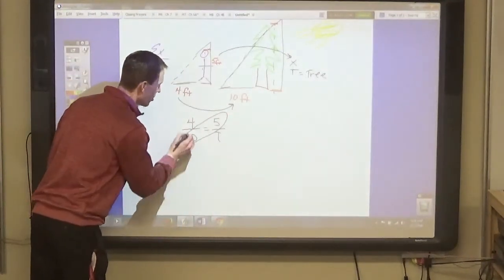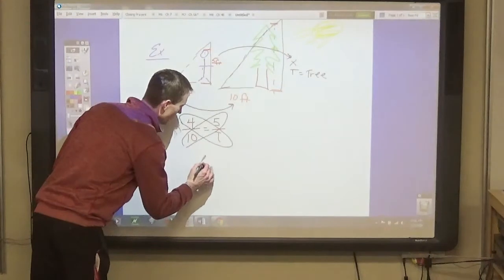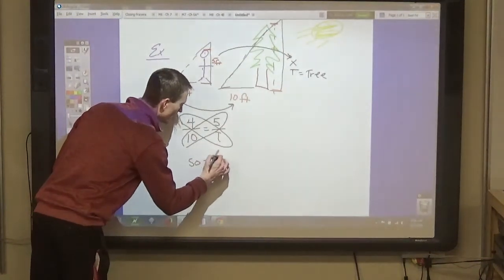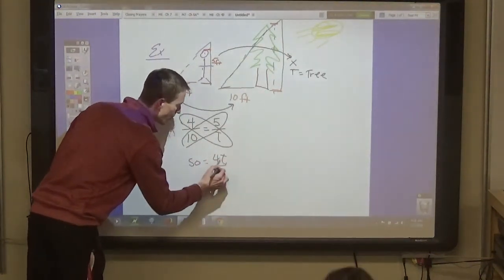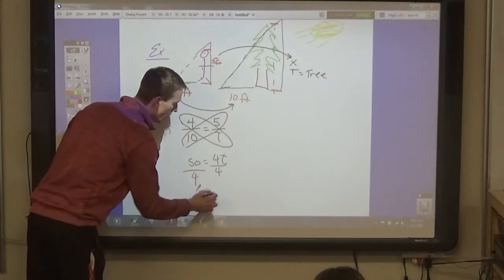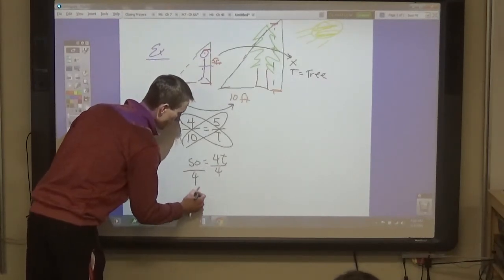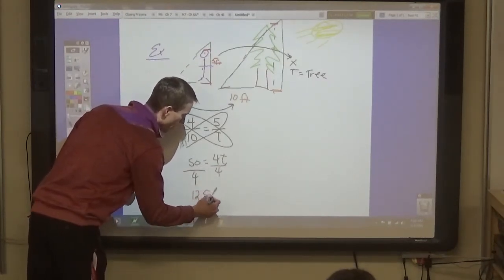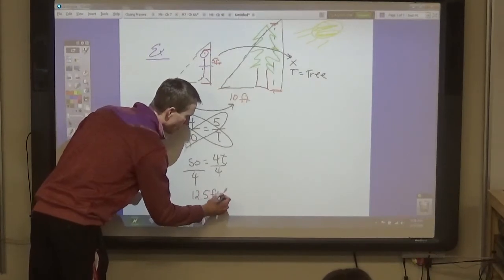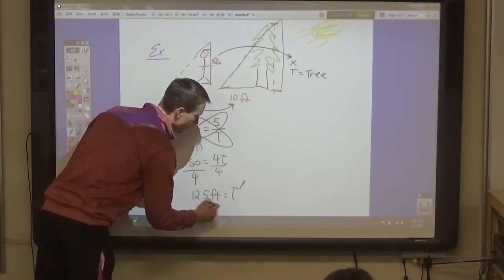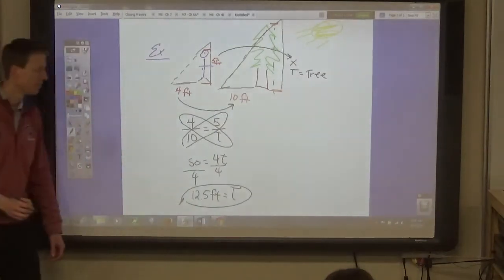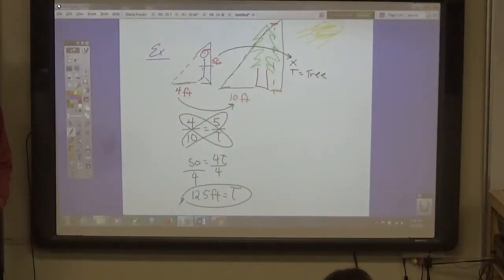Just a baby pine tree. 50 equals 4t. Divide by 4. 12.5 feet equals the tree. Any questions on that one?